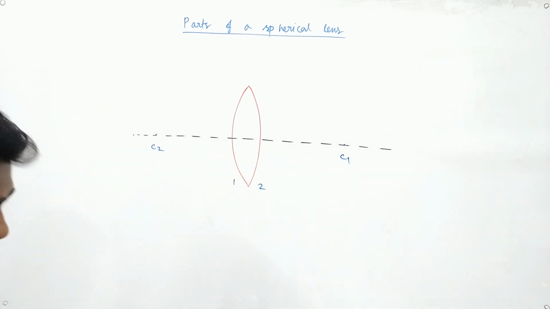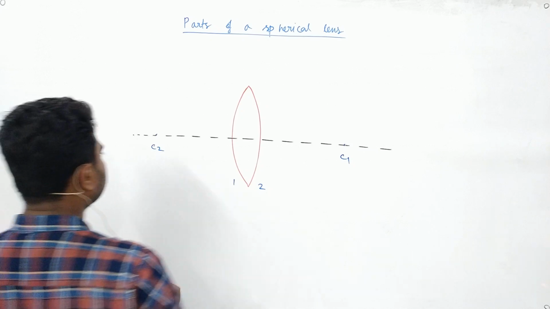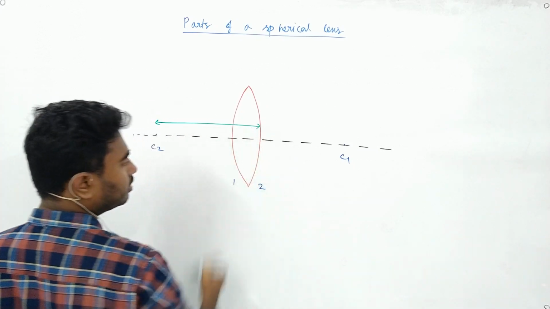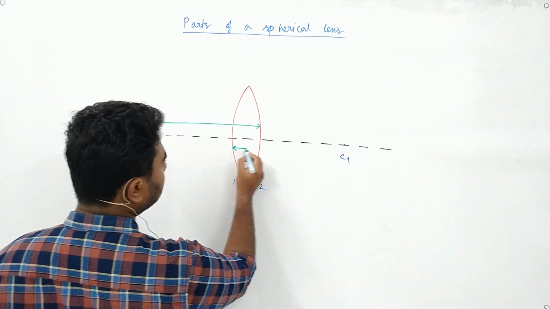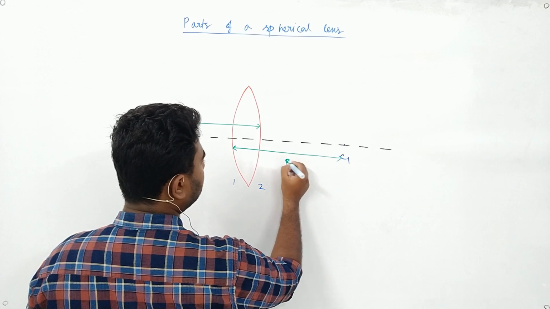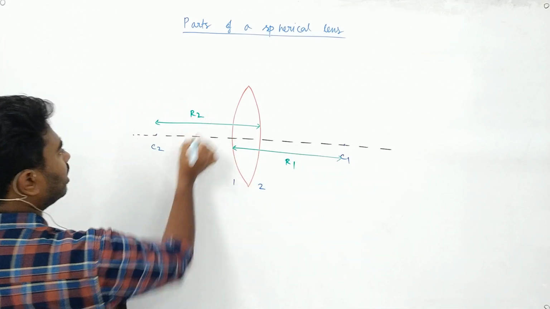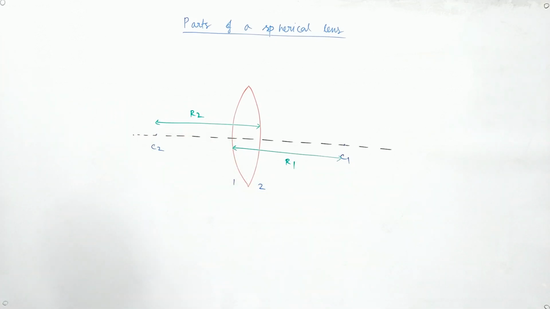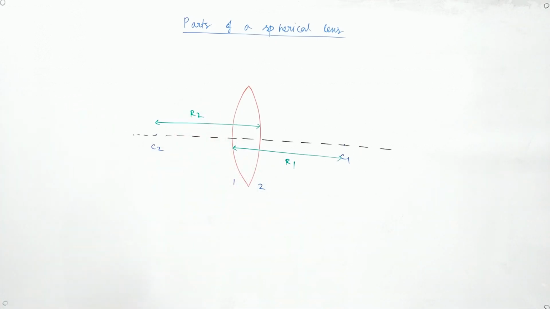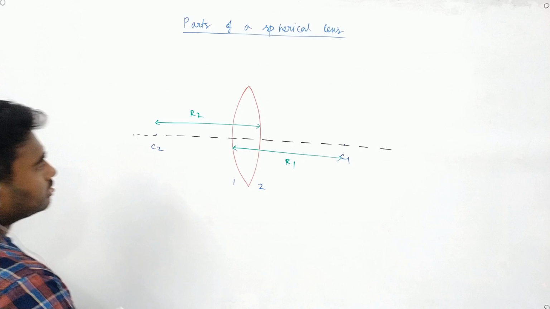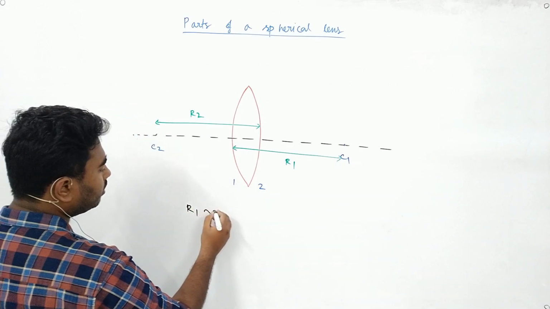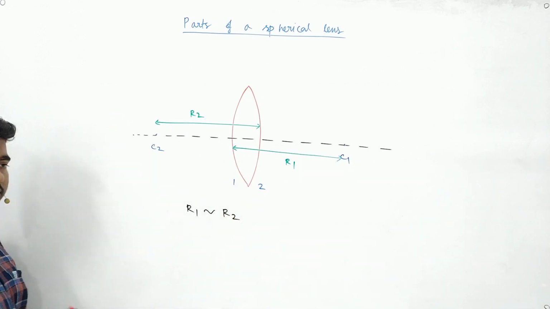If I ask you about the radius of curvature, C2 will have a radius from here to here, C1 will have a radius from here to here. So this will be R1, this will be R2. Now, if we see the cases, we can understand that R1 may not be equal to R2.